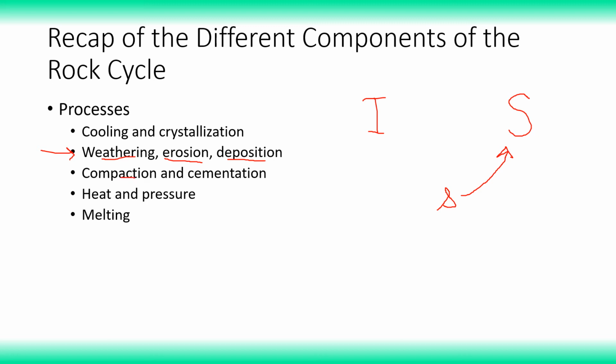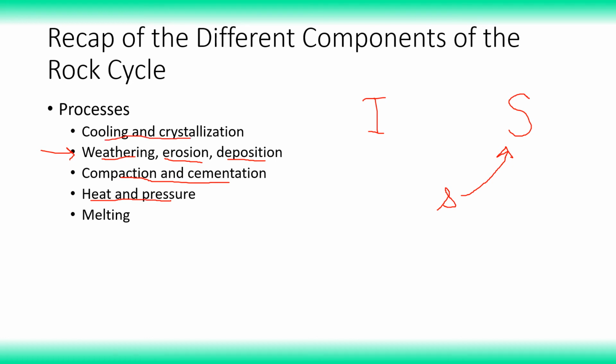Compaction and cementation, we didn't really talk about this, but this is the process of the weight of the pile of sediments compressing the lowest layers into a sedimentary rock. This is where we were talking about the ice thing. Heat and pressure, that's related to metamorphic rocks.